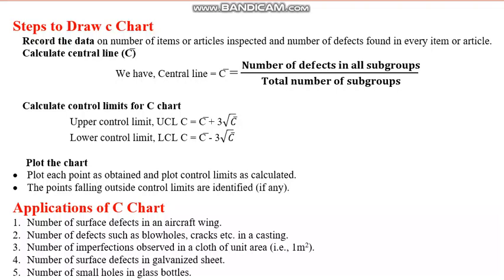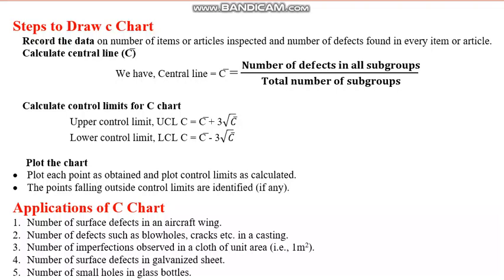Then the number of surface defects in a galvanized sheet. Suppose you have made the sheet to be galvanized, but here and there the substrate material is exposed. That means the protection is lost there. So how many such places, how many defects are there? For finding that out, you can use C chart.